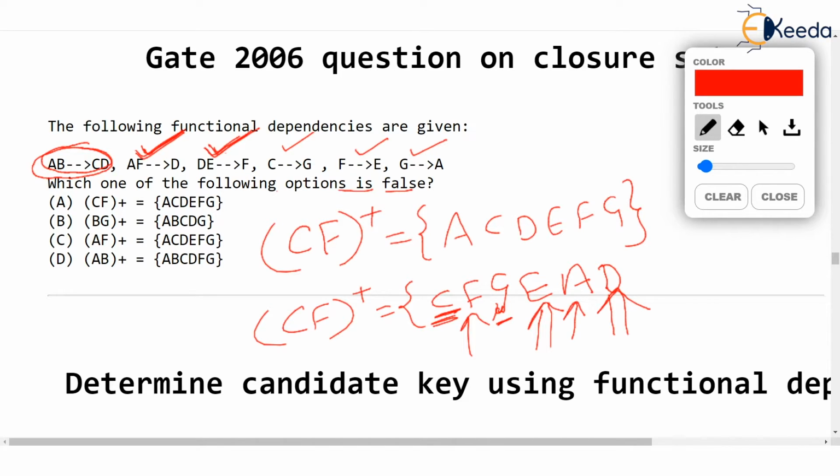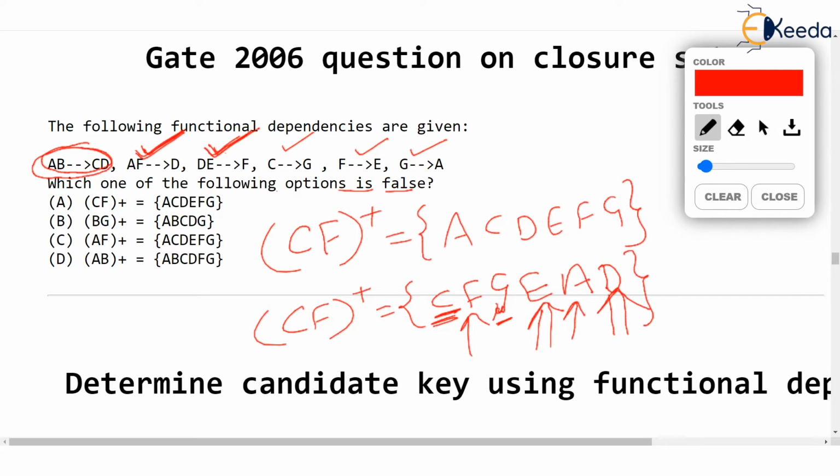Now we can't use this because the left hand side AB is not there in the closure set. A is there, agreed, but B is not there. So we can't pull out anything new from this. So the closure of CF is A, C, D, E, F, G.